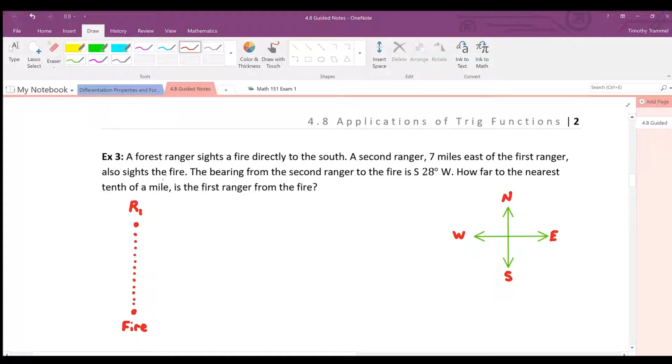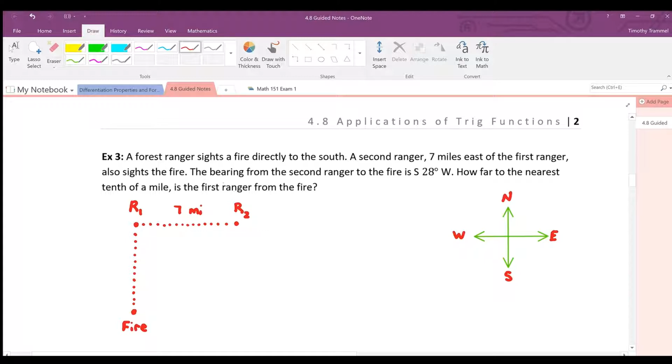And then there was a second ranger 7 miles east of the first ranger, so in this direction. And we'll label this one R with a subscript 2 for Ranger 2. Okay.